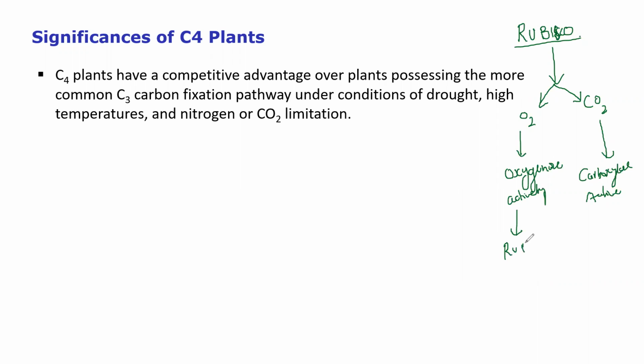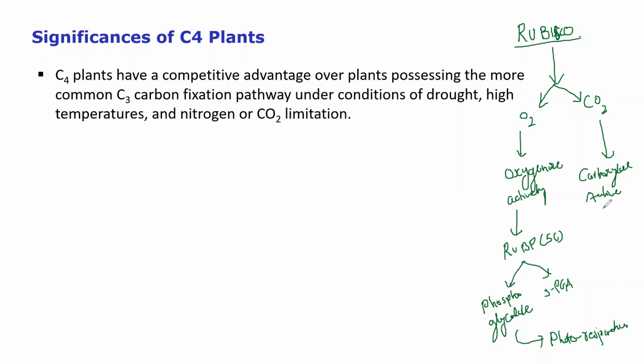Okay. So under oxygenase activity, what happens? That RuBP, a 5-carbon compound, splits into two. One is glycolate or phosphoglycolate, and another is 3-PGA, right? This phosphoglycolate goes for photorespiration, right?